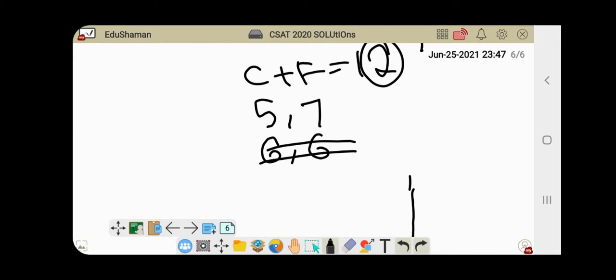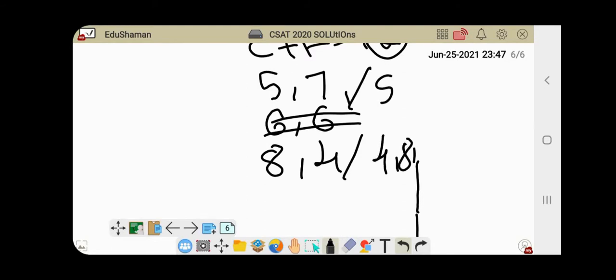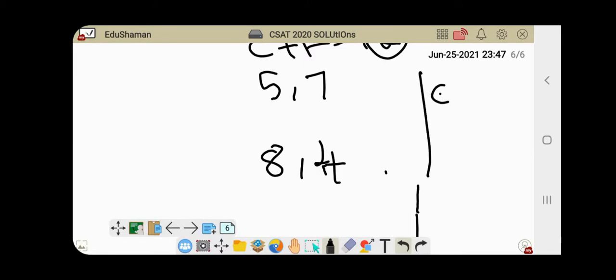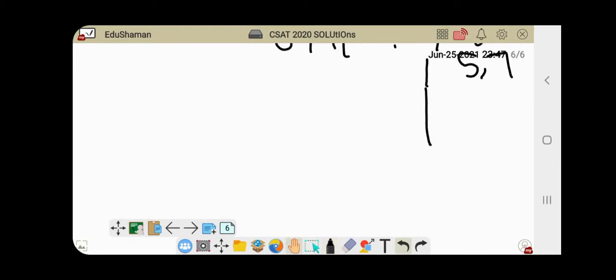So can 8 and 4 hold good? 8 and 4, or 4, 8, yes, it does hold good. Okay, so I'll write it down neatly here. C and F is either 4, 8 or 5, 7. Now let's do this addition.